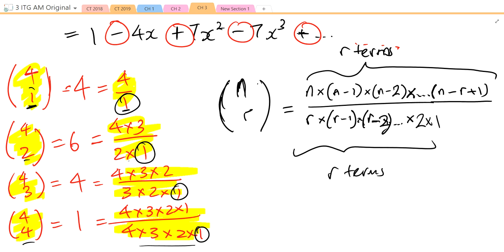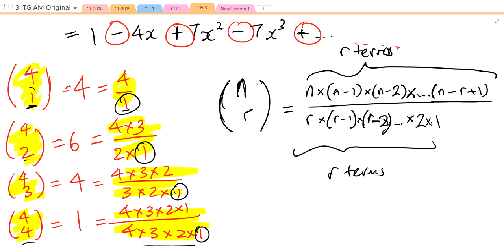Why? Let's look at the first one. 4 choose 1, right? My first and only term, which is also my last term. 4 minus 1 is 3. Plus 1 is 4. Second one. 4 minus 2 is 2. Plus 1 is 3.